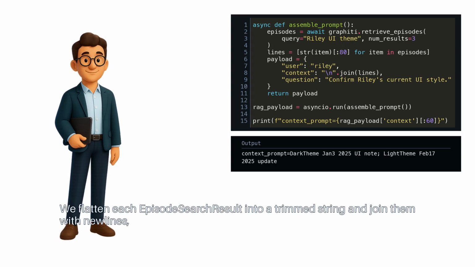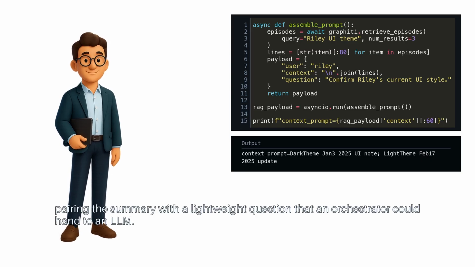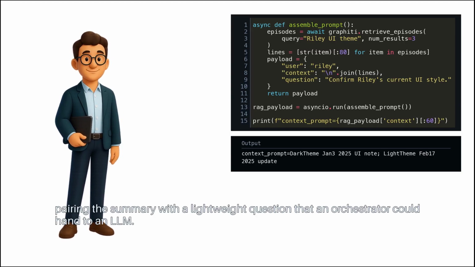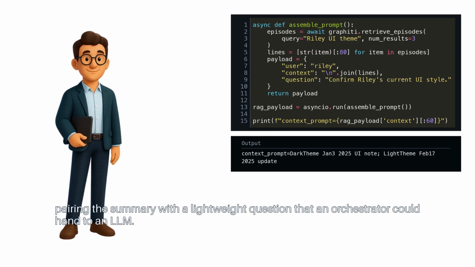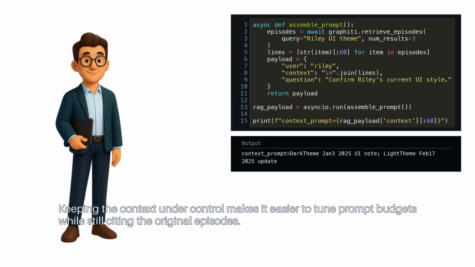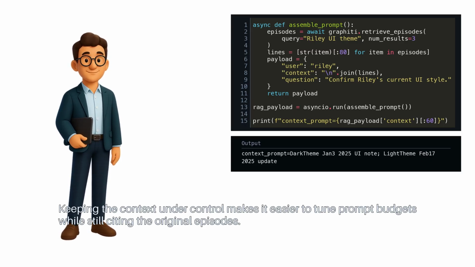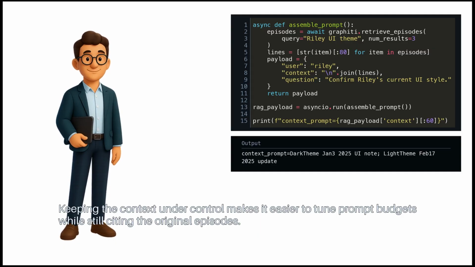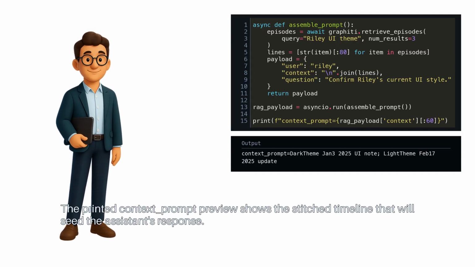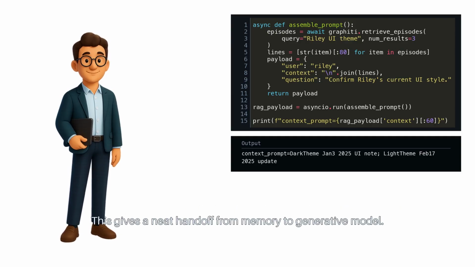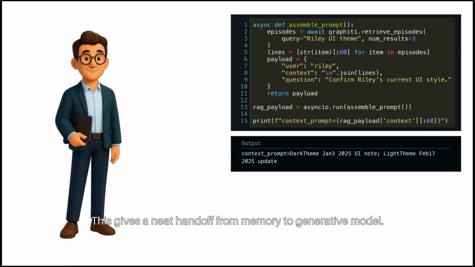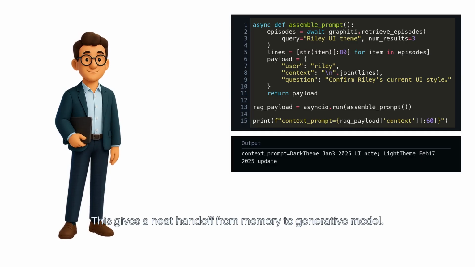We flatten each episode search result into a trimmed string and join them with new lines, pairing the summary with a lightweight question that an orchestrator could hand to an LLM. Keeping the context under control makes it easier to tune prompt budgets, while still citing the original episodes. The printed context prompt preview shows the stitched timeline that will seed the assistant's response. This gives a neat handoff from memory to generative model.